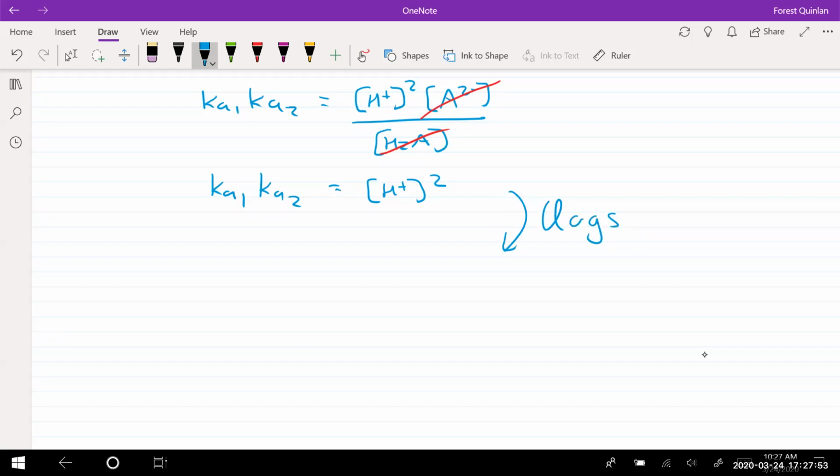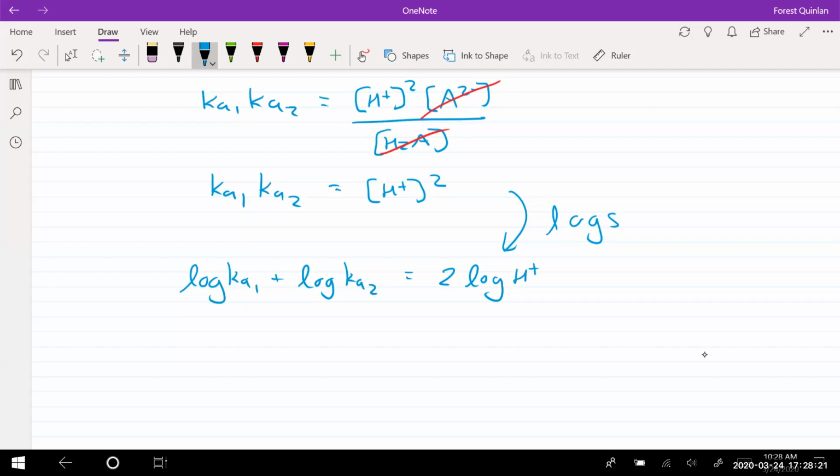Logs. All right, we're going to take logs on both sides. And in fact, I'm going to go ahead and do that and say log of Ka1 plus log of Ka2, properties of logs, if I multiply I can add them, is equal to 2 times the log of the H plus.